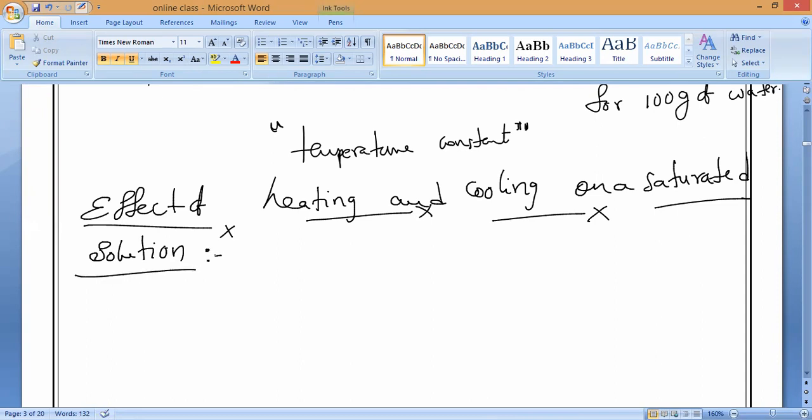Now, observe very carefully what will happen. If a solution is saturated, it is so only at a particular temperature.